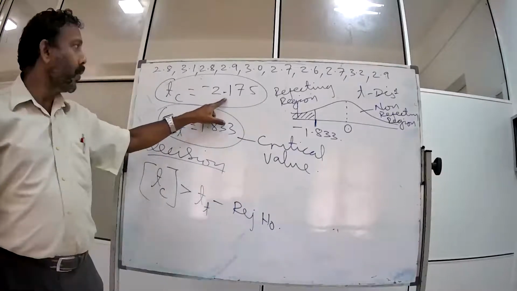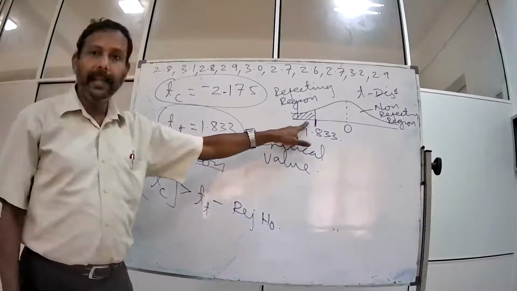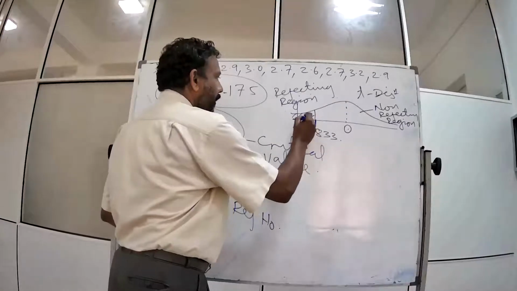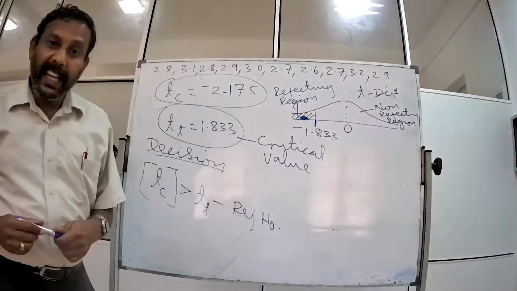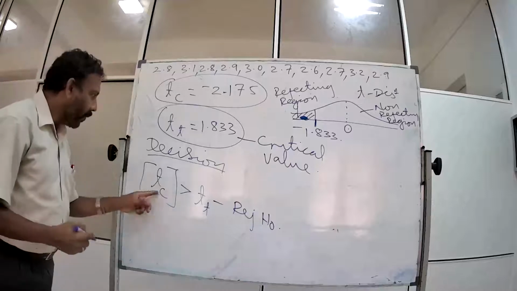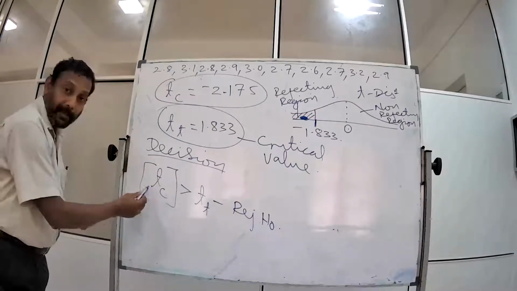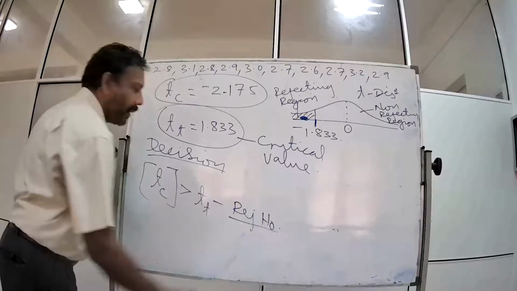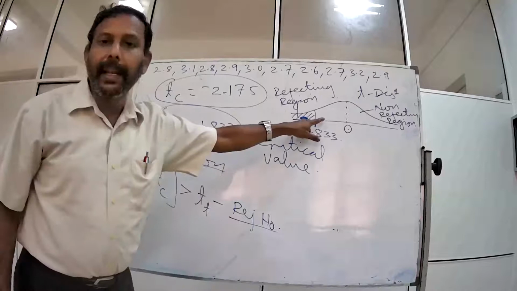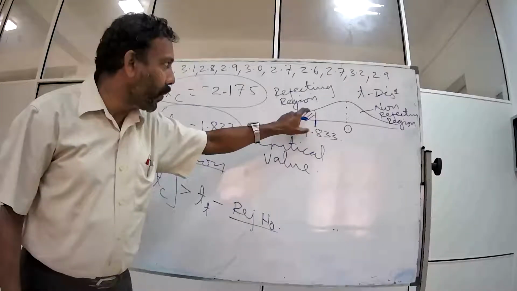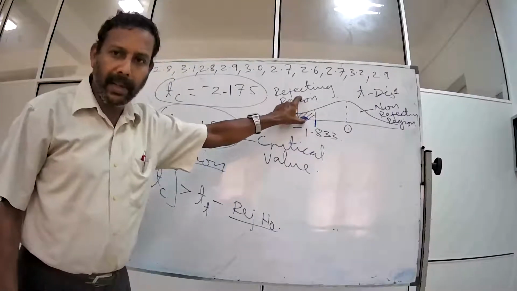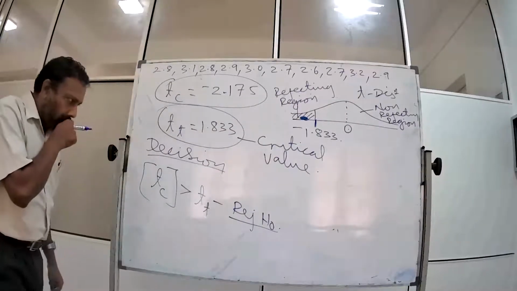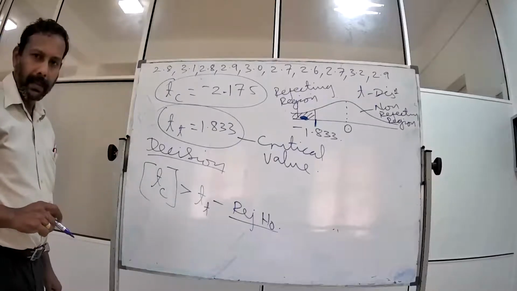Because this is minus 2.175, and if I demarcate, it is somewhere there. So it is falling in the rejecting region. Therefore, our decision: our absolute calculated value is greater than the table value, so we reject. This is the graphical explanation. By looking at this also, you can make the decision. Either this or that is possible. We reject the null hypothesis.